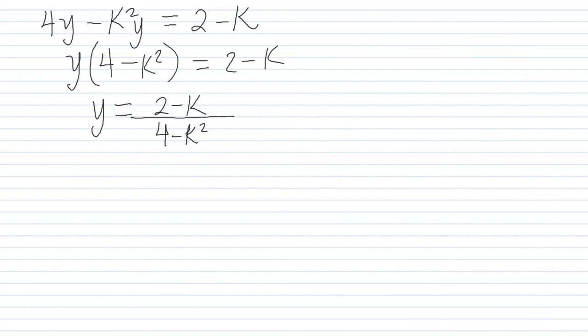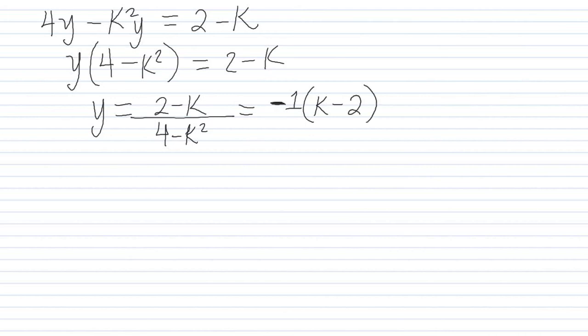What is the way we can work with this? Well, if you've been doing your math and you've been practicing, you know that this expression looks like something that can be manipulated or changed in a way for us to simplify further. So we can't leave our answer as 2 minus k divided by 4 minus k squared. What we can easily do is just factor out a negative 1, and from there you get k minus 2.